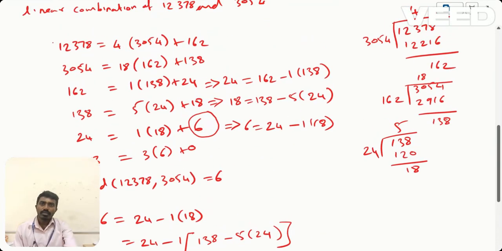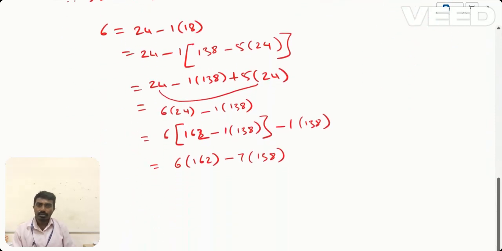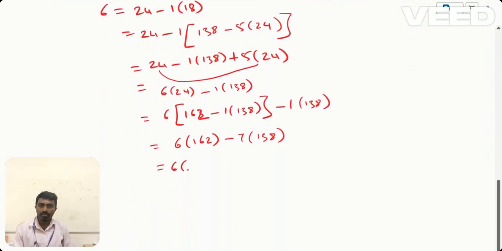Now in the previous equation, 138 can be written as 3054 minus 18 times 162. Now substitute this for 138, so it is equal to 6 times 162 minus 7 times (3054 minus 18 times 162).